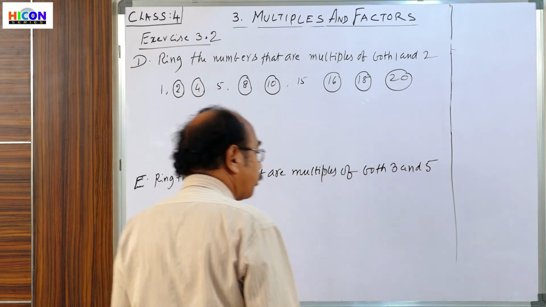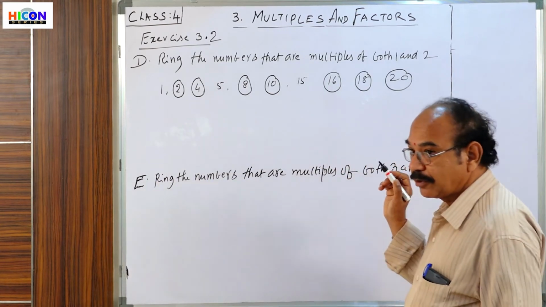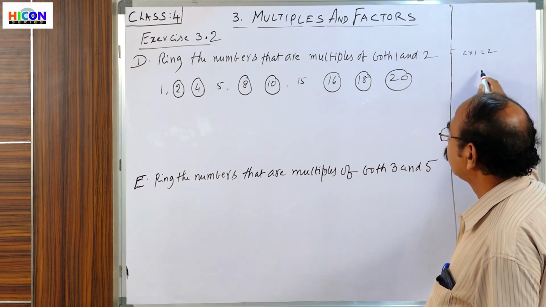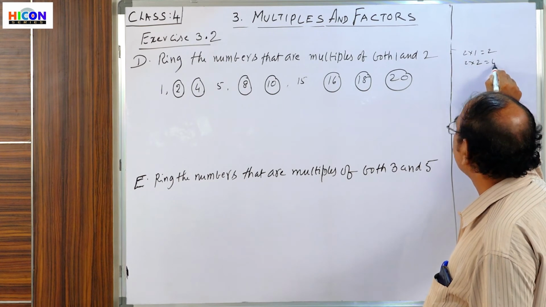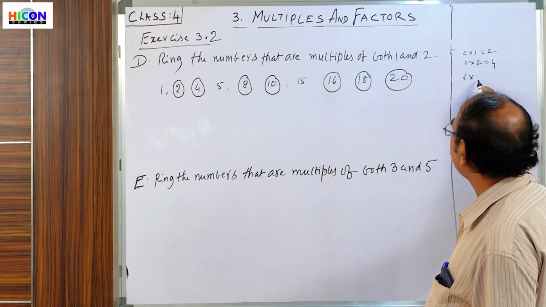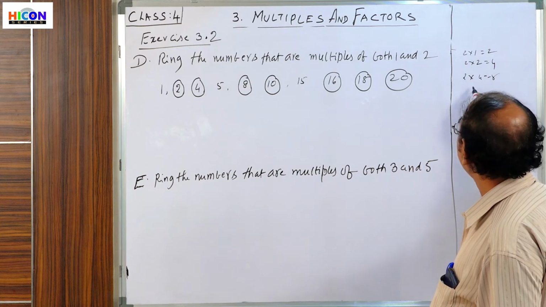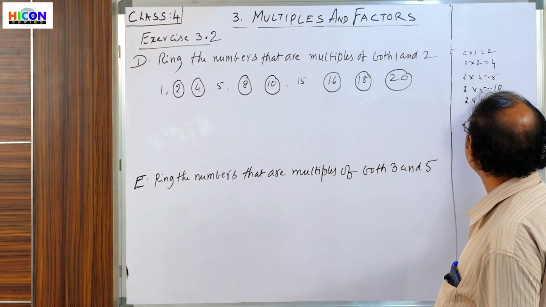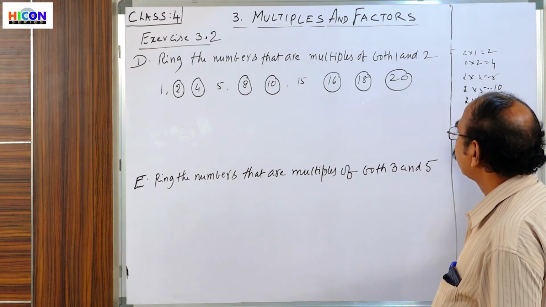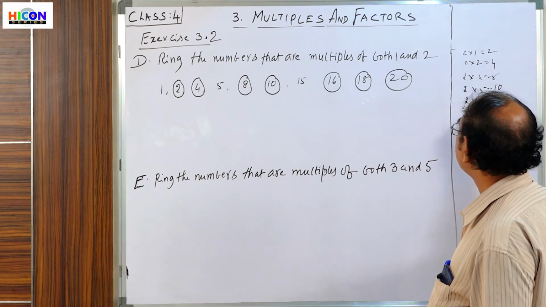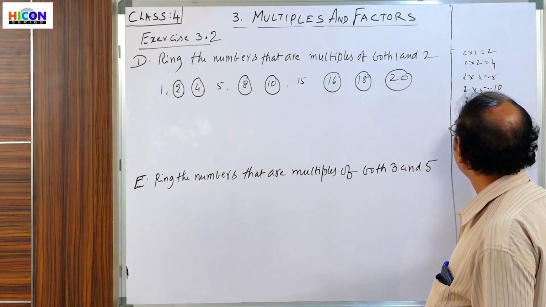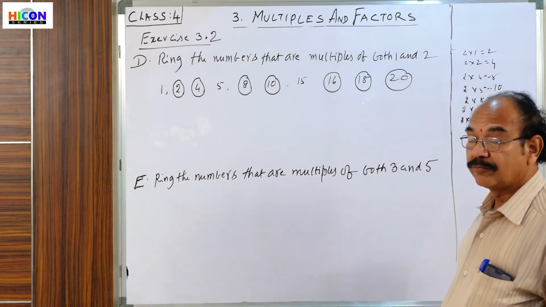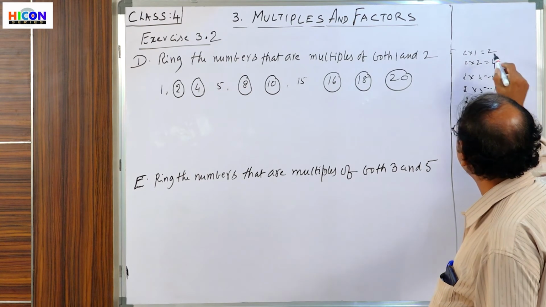That means in the margin also, just for your clarification, I will write: 2 ones are 2, 2 twos are 4, 2 fours are 8, 2 fives are 10, okay children, 2 eights are 16, 2 nines are 18, 2 tens are 20. Okay, these numbers we are getting in the table of 2.